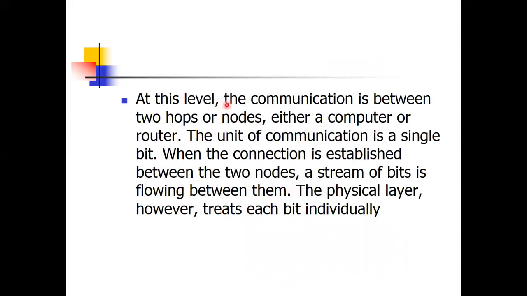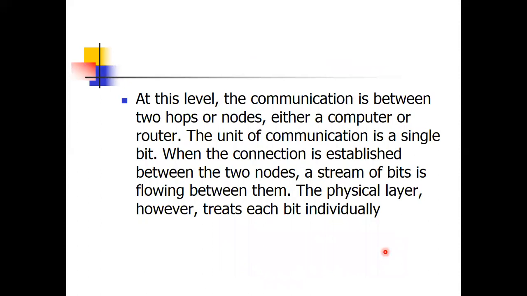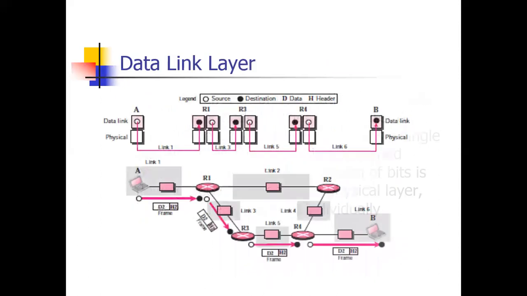So in physical layer, the communication is between two hops or nodes, that is either computer or router. The unit of communication is a single bit, or we can say node. Physical layer treats each bit individually, meaning one bit will be passed through this to this to this. That is your physical layer.